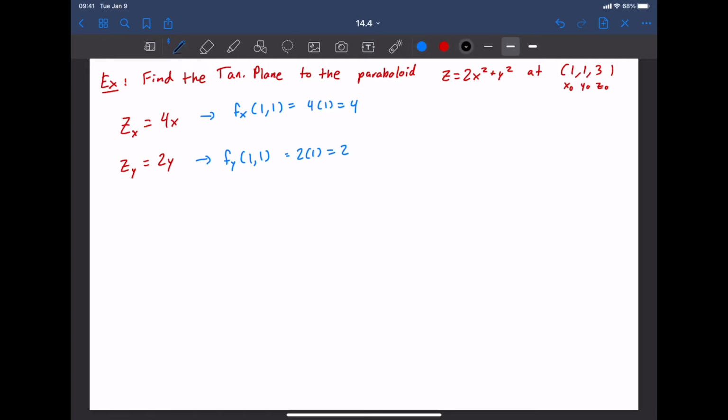So the plane, the tangent plane, z minus the z coordinate equals the slope number for x times x minus x naught plus the slope number for y times y minus y naught. That's it.